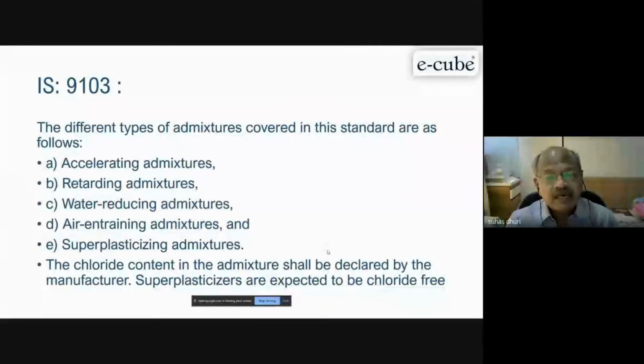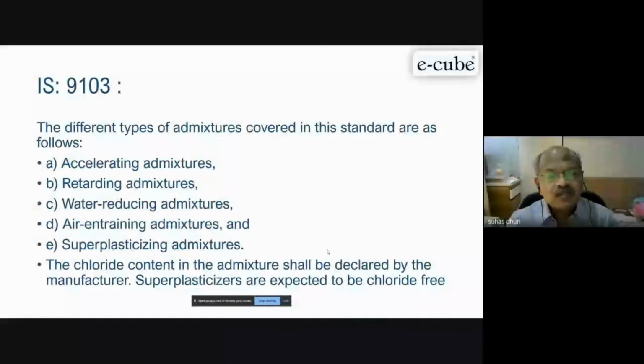Then air entraining admixtures are also available, where we can entrain air into the concrete itself for a specific purpose. When we discuss fresh properties and hardened properties, we will see why we need air in the concrete. Most tropical countries rarely use air entraining agents, but cold weather countries have to use air entraining agents for particular concrete applications.